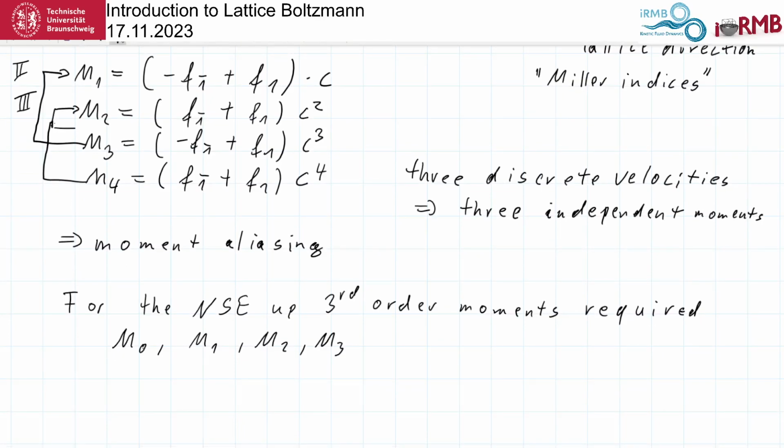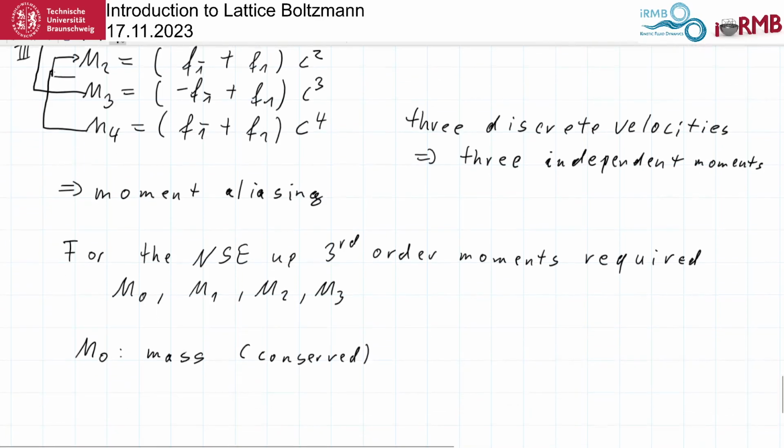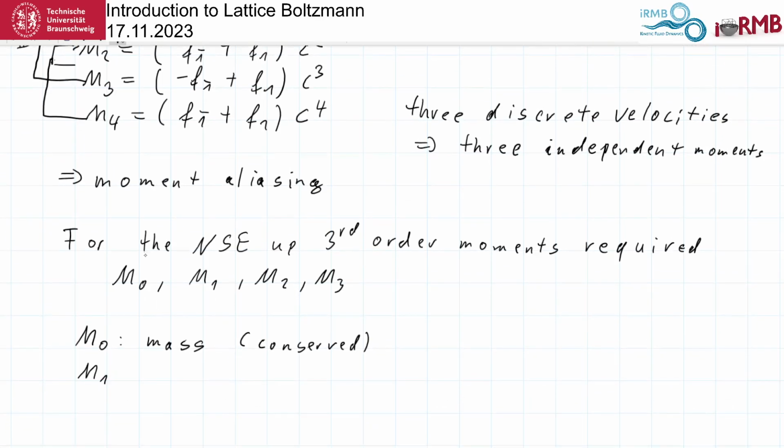Okay, we'll resolve this problem in a few minutes, and just remind us what these things are. M0 is the mass, and the mass is of course conserved. What is M1? If we did not normalize it, it would be momentum.